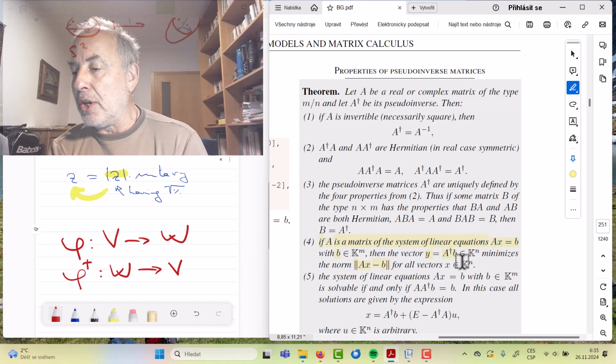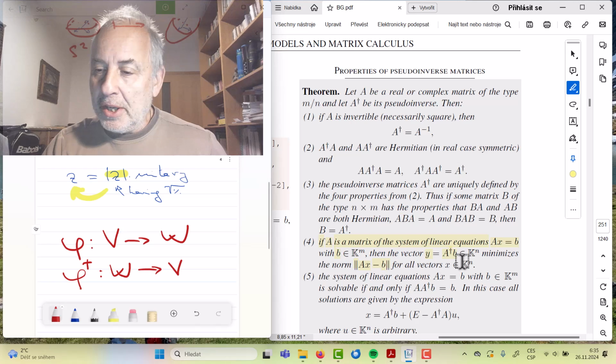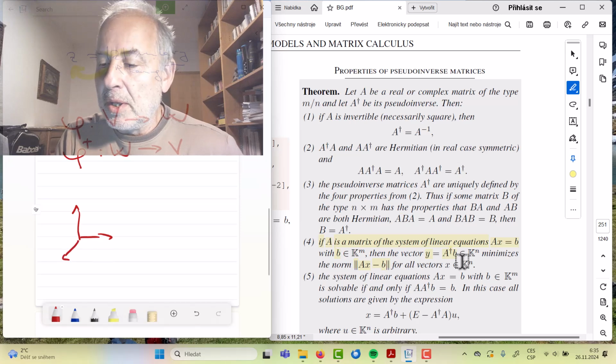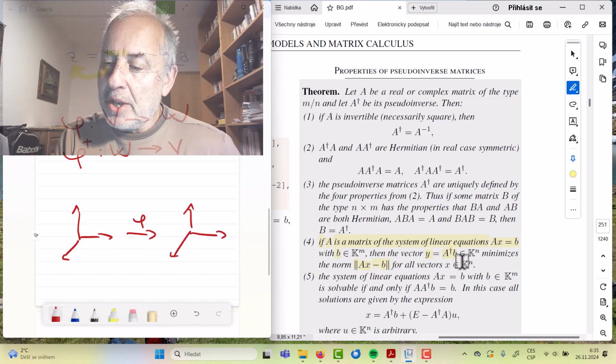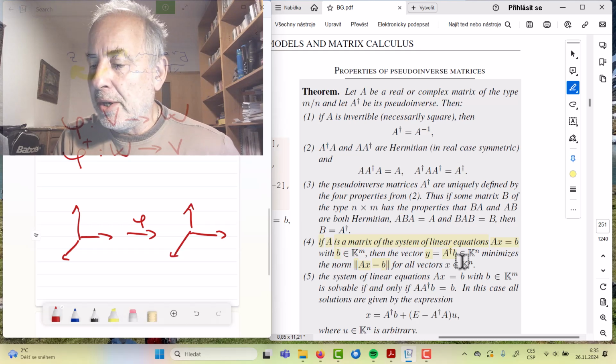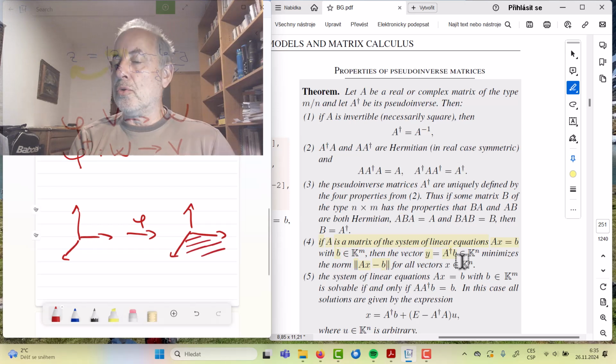So you can imagine if it was in R3, say, a mapping from R3 to R3, and the whole value of the mapping would be some subspace. So say the whole space would be mapped into the xy coordinates, right?